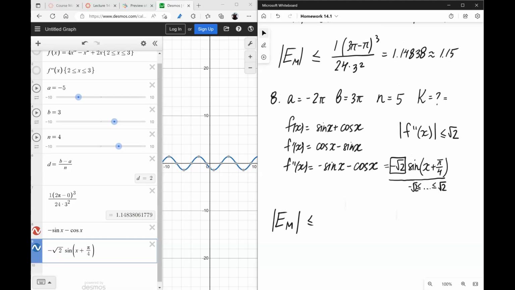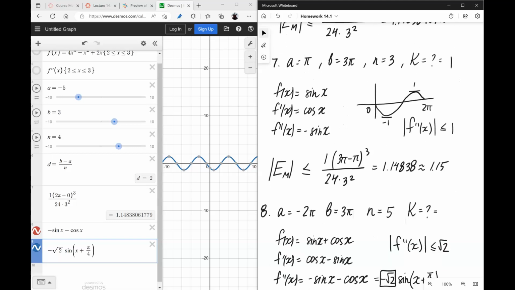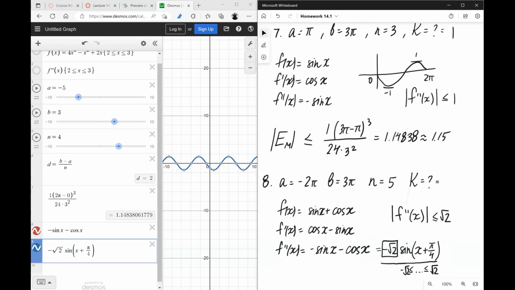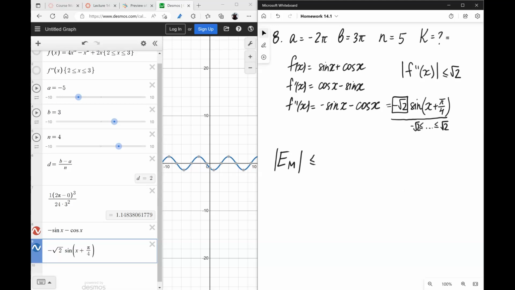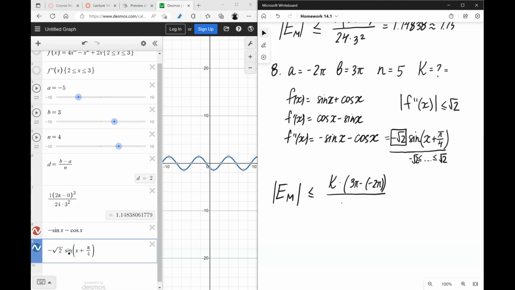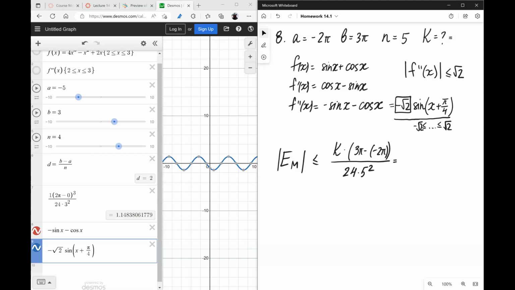So we have k, I almost forgot what it was, k times b minus a cubed divided by 24 n squared. And k is square root of 2.